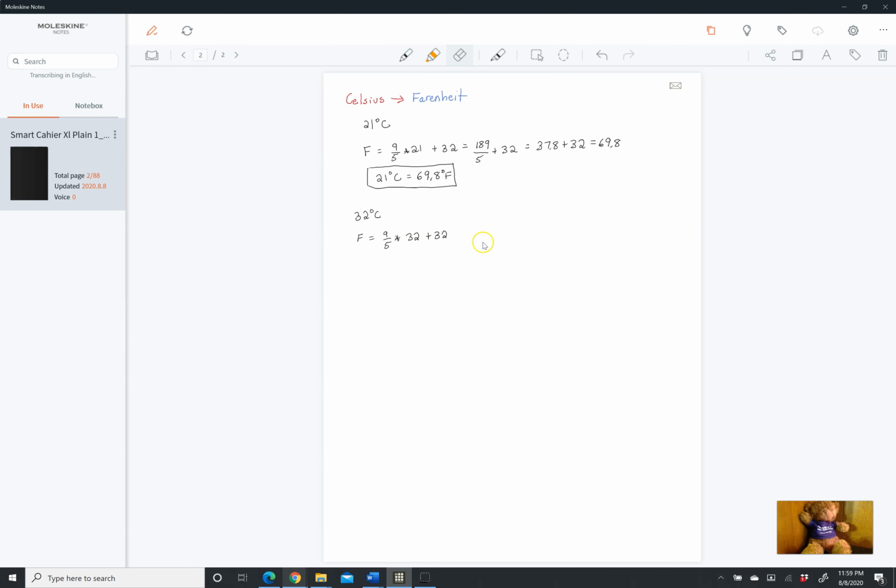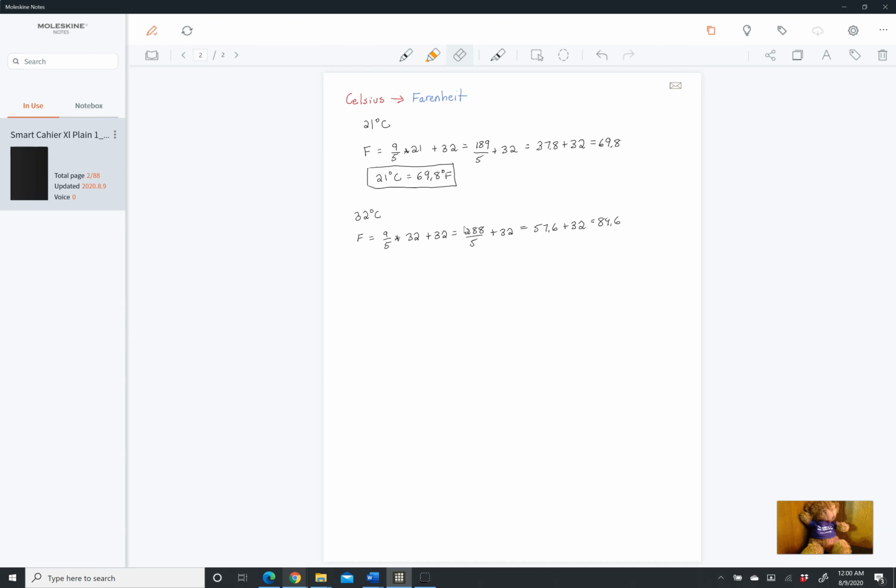And then the plus 32 is from the formula. So this gives us 288 over 5. The 288 comes from the 9 times 32. And then plus 32. This gives us 57.6 plus 32, or 89.6.